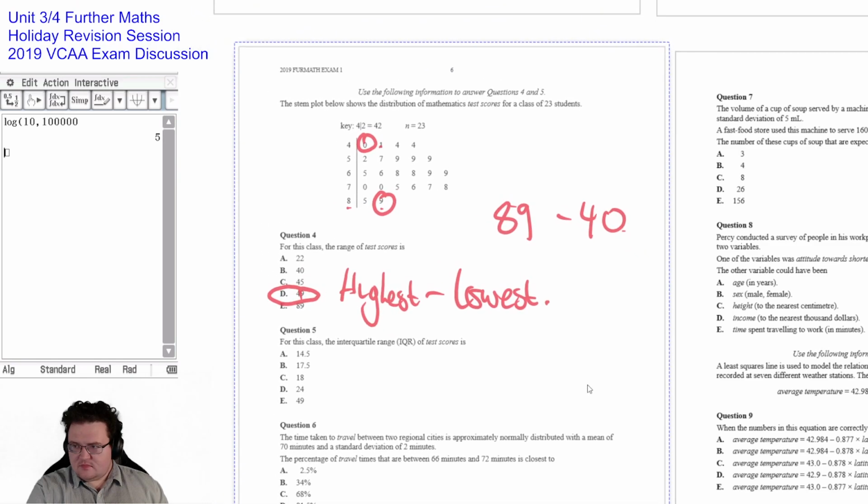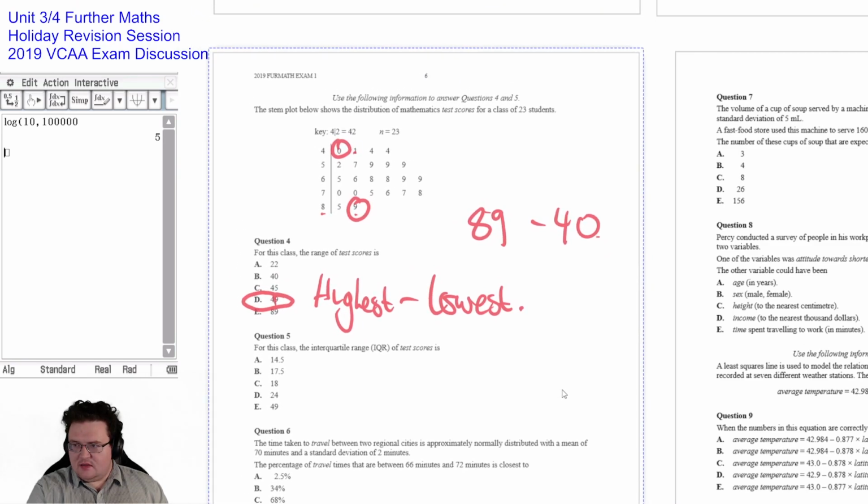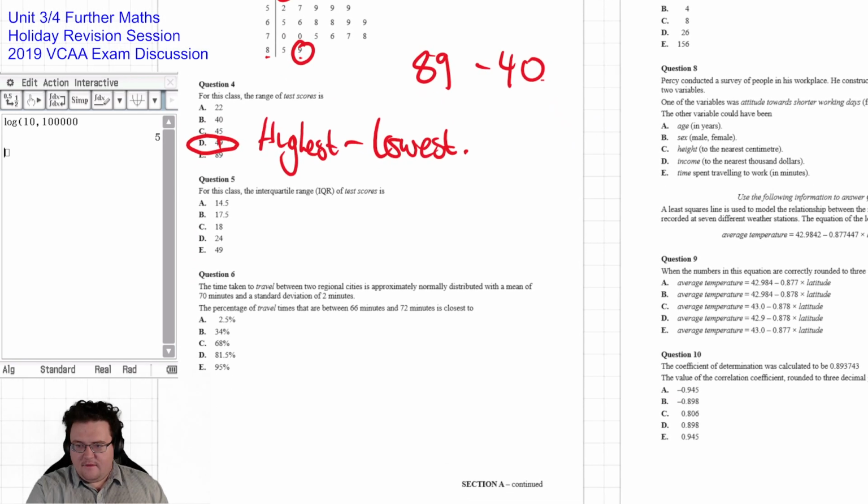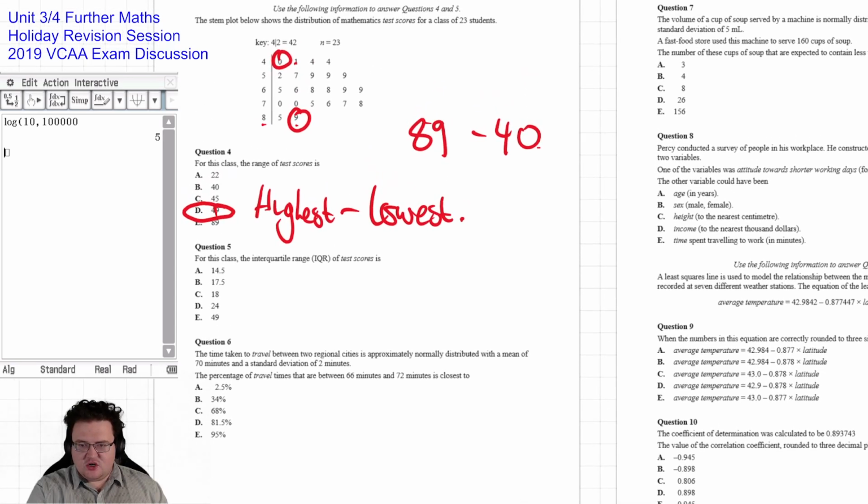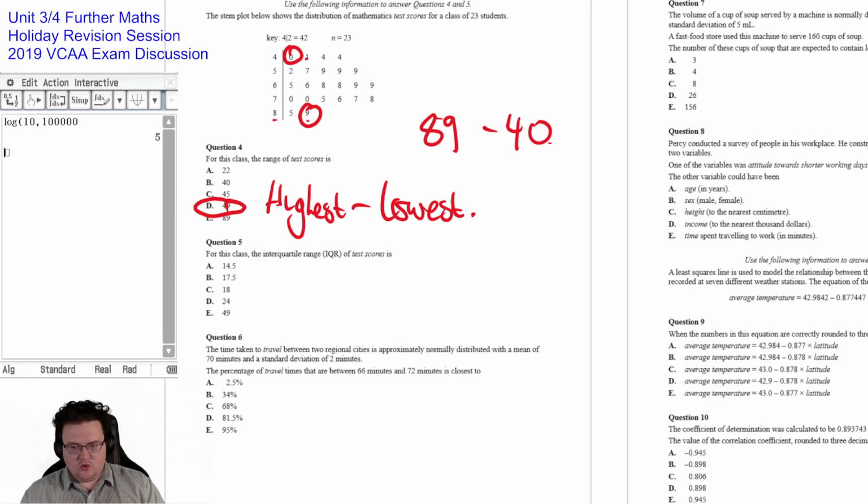So, for this class, the interquartile range of the test scores is what?